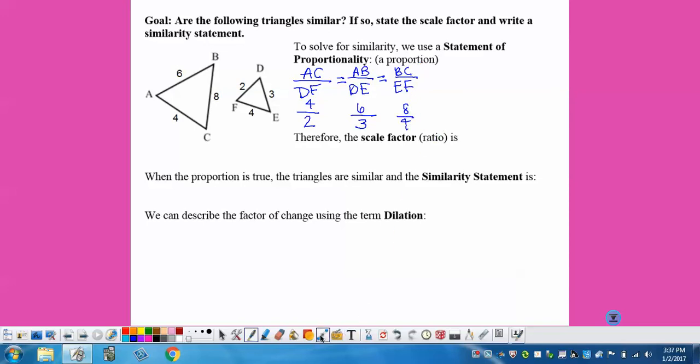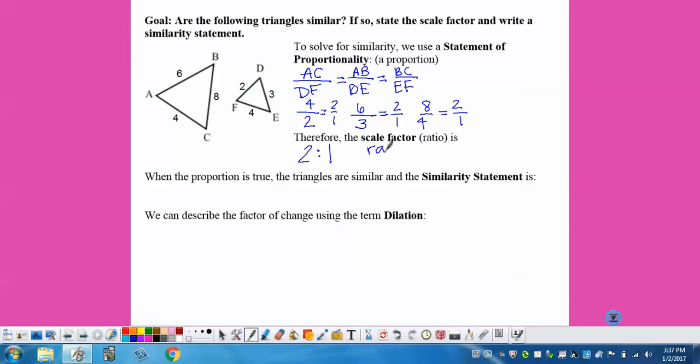Now initially, they don't look like they're all the same. However, all of these simplify to 2 over 1. Therefore, our scale factor is 2 to 1.